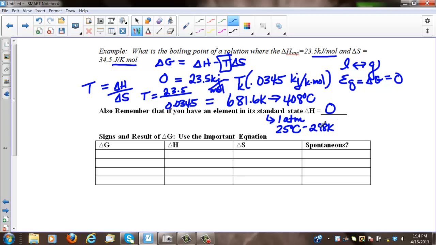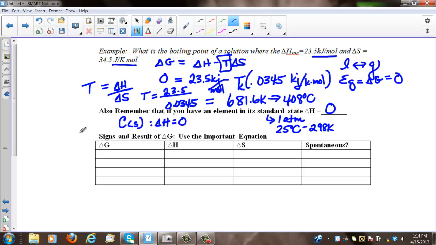Those are standard conditions in a thermodynamic system. So if I had something that said carbon solid, that is its standard state, therefore its delta H would be equal to 0. And on the AP exam, they don't tell you that. You have to know that.